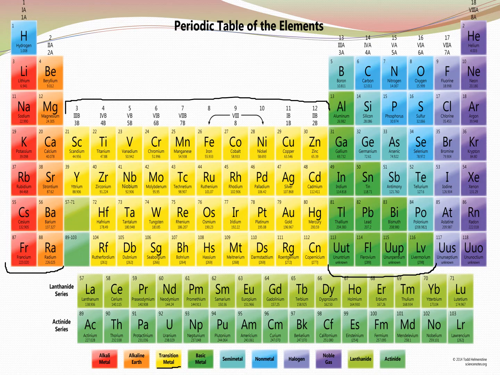Group 1 are called alkali metals, then we have alkaline earth metals, and groups 13 and 14 have some basic metals, and on the right side and at the bottom are different elements. The non-metals are on the top right side of the periodic table.